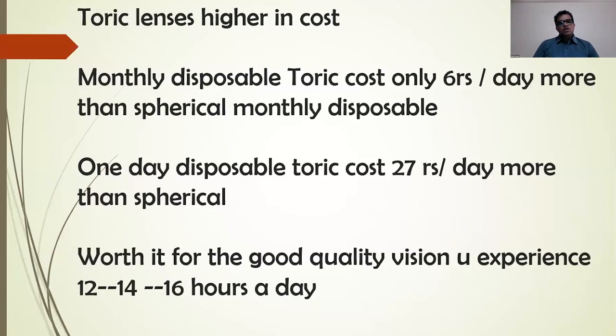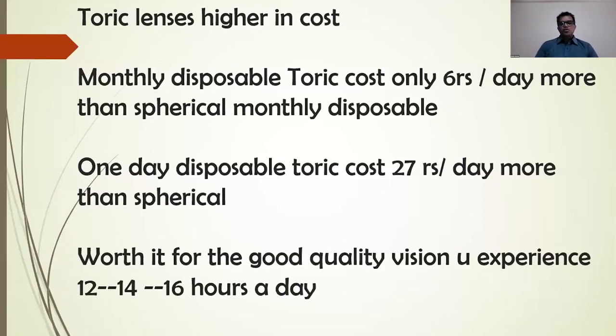Coming to the one-day disposable, okay, someone who's wearing one-day disposable on an occasional wear basis, or someone who's wearing on a daily wear basis, whatever is the modality the person is using, in a one-day disposable, the toric lens costs only 27 rupees per day more than the spherical lenses.